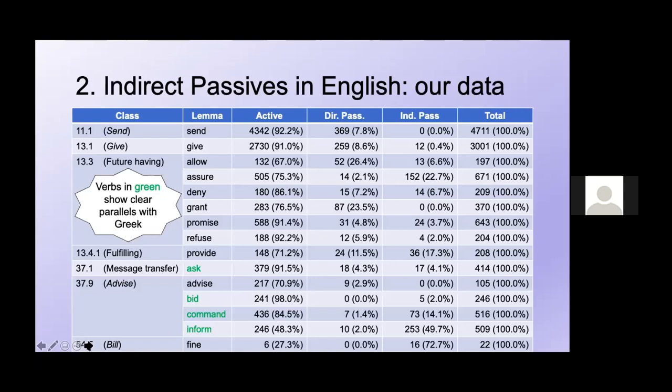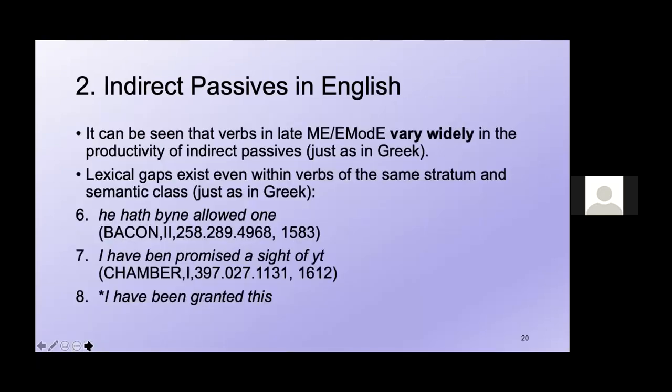And you can see that this variability exists within any given class. And this variation in the productivity of indirect passives, which we've seen for late Middle English and early modern English, is very similar to what we've seen in Greek.